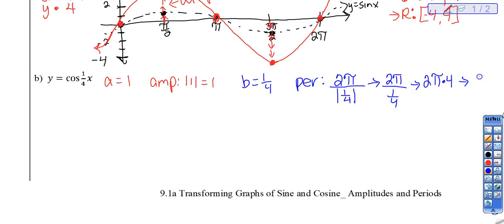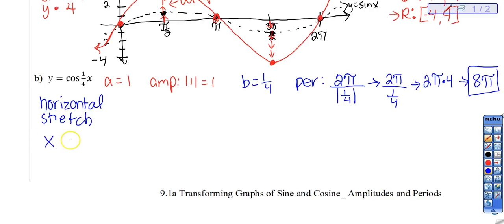So that's a period of 8 pi. Man, that's a major horizontal stretch, right? Because a period of cosine is 2 pi, and I'm quadrupling it. So this is a horizontal stretch where we're going to take our x coordinates and we're going to multiply them times 4.